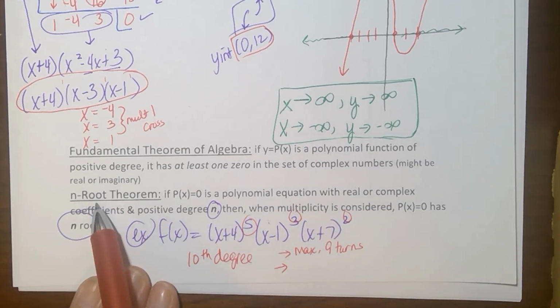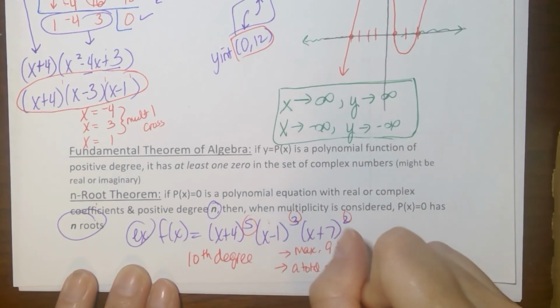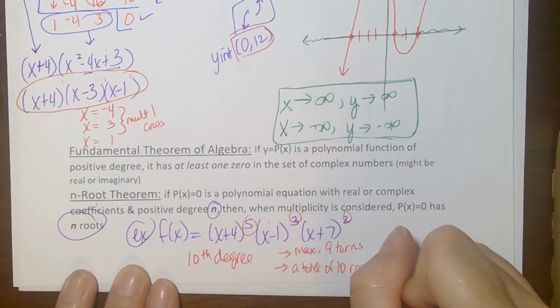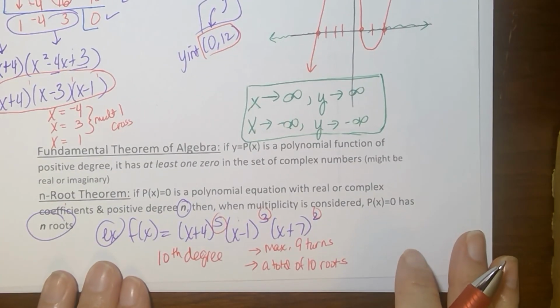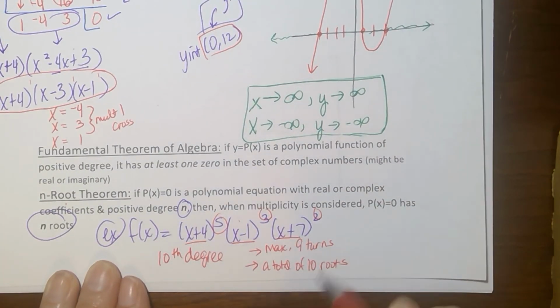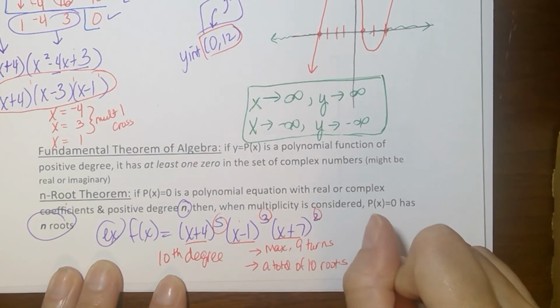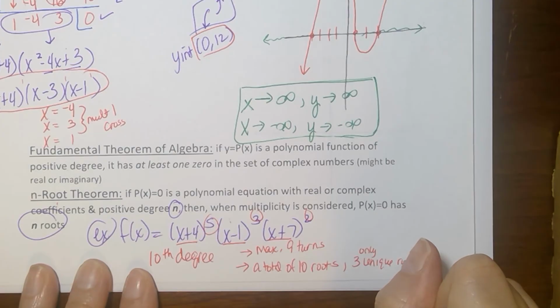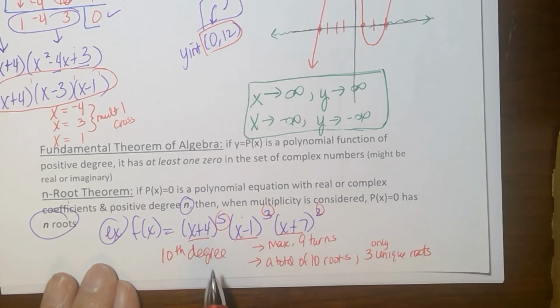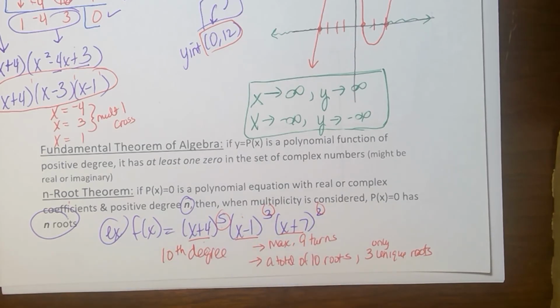And then my n-root theorem tells me that I have a total of 10 roots. They don't all have to be unique. In fact, I only have 1, 2, 3 unique roots for this function. I will have negative 4 multiplicity 5, positive 1 multiplicity 3, and negative 7 multiplicity 2.